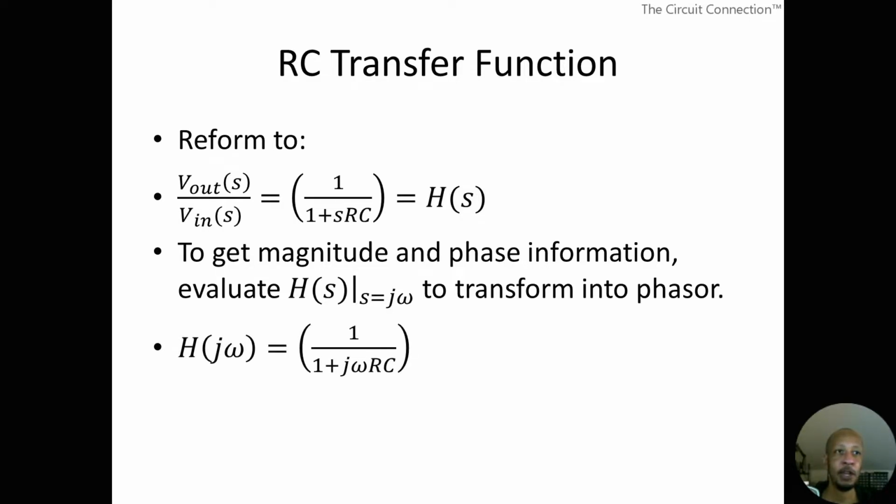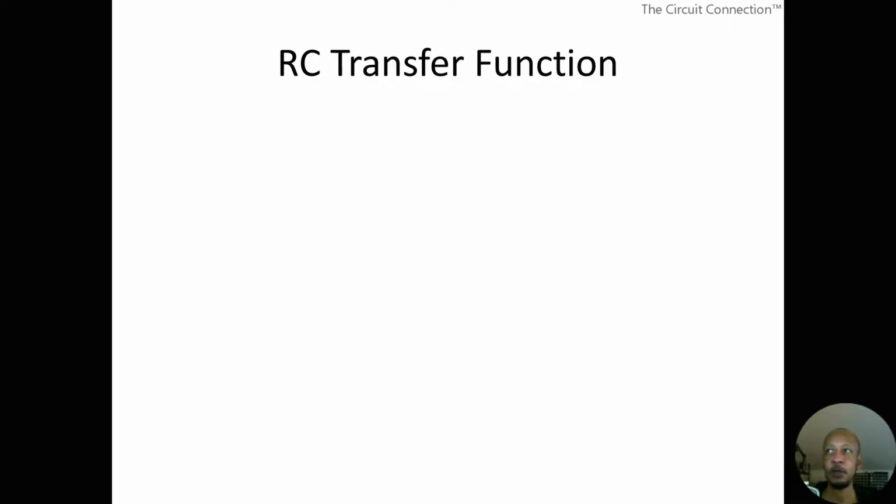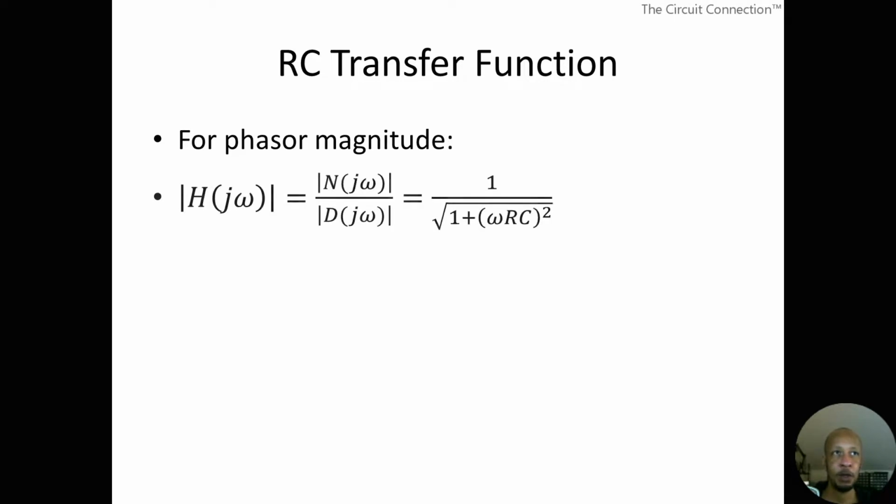And so H of jw is now just simply, as you can see, you put in place of that s, you put jw. For phasor magnitude, what you're going to do is, okay, you're going to have your absolute value of H of jw.